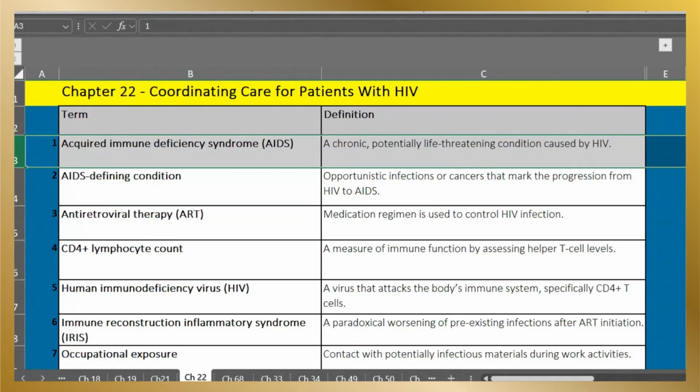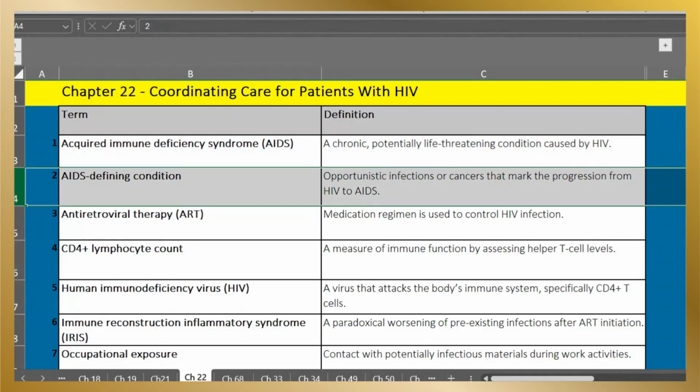It represents the most advanced stage of HIV infection, defined by a CD4 plus count of less than 200 cells per cubic millimeter, or an AIDS-defining condition. Those key terms and their definitions are usually used in quizzes, exams, ATIs, or Kaplan.